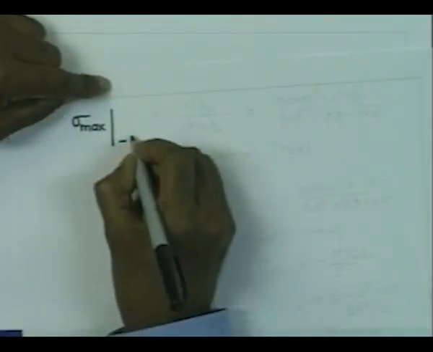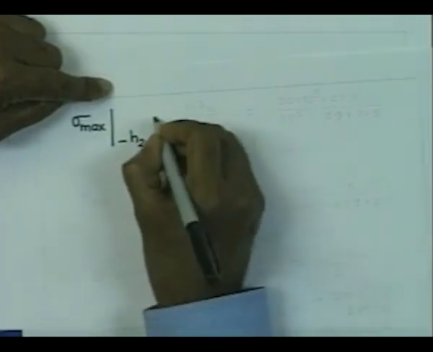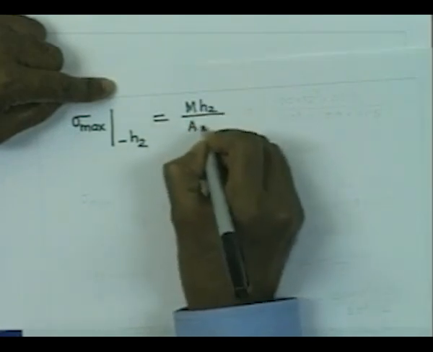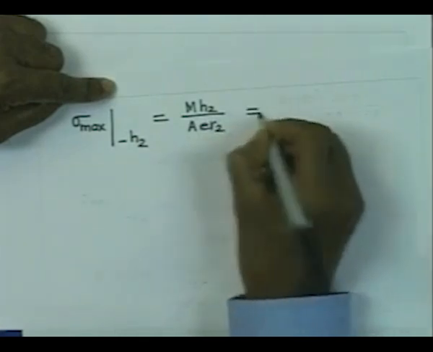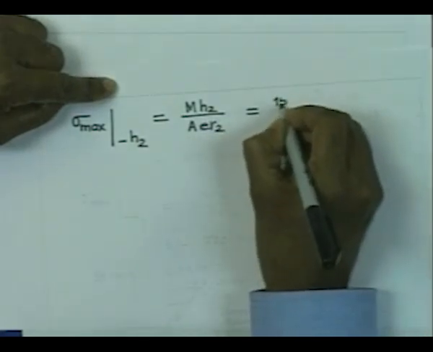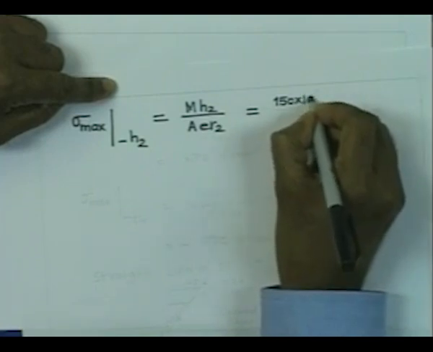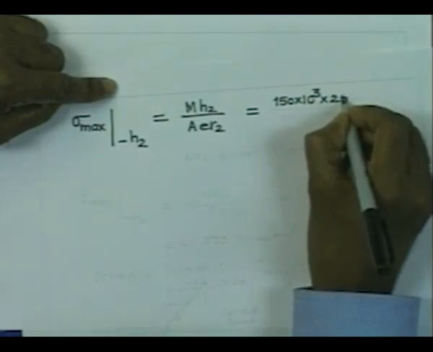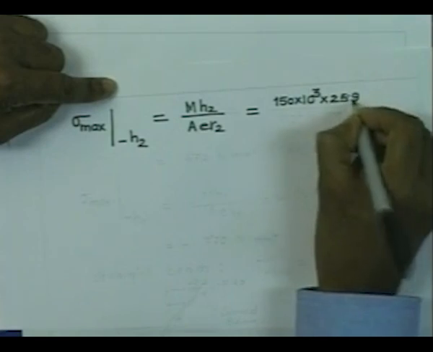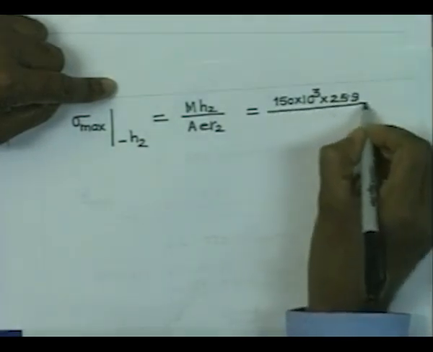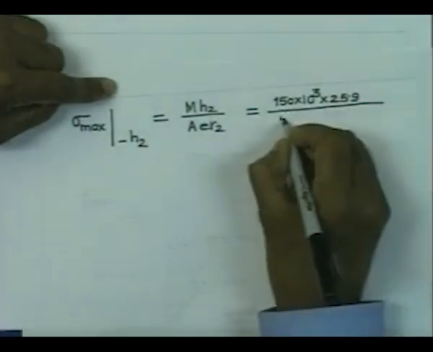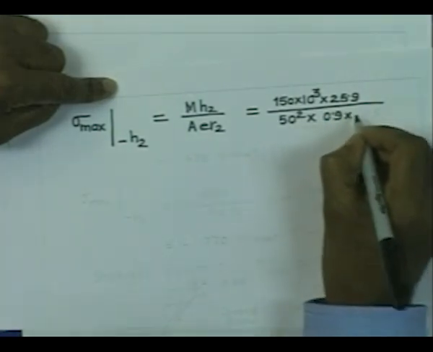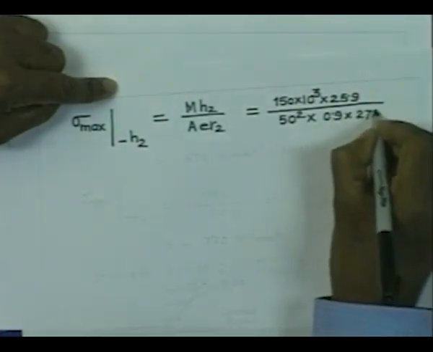So, you can write now the maximum stress at the bottom fiber, which is given by M h2 by A e R2, that is equal to 150 into 10 to the power 3, that is the bending moment, and this distance is 25.9, and cross sectional area is 50 square, eccentricity is 0.9, and the radius of curvature of the bottom fiber is 275.